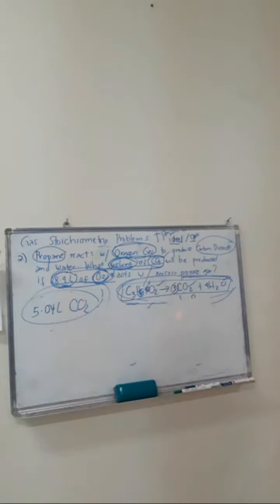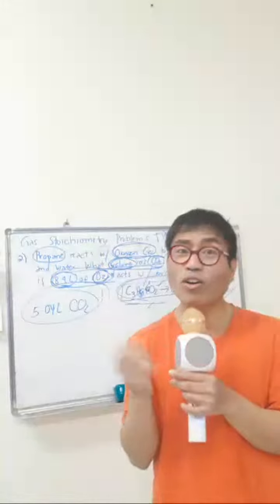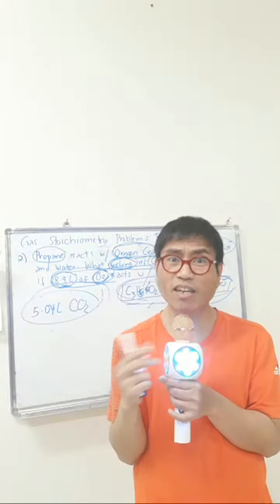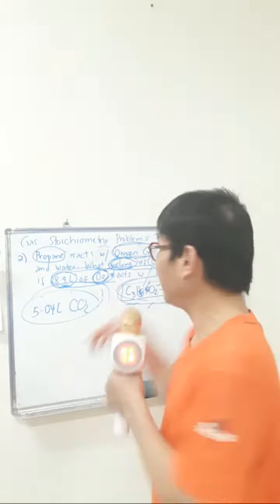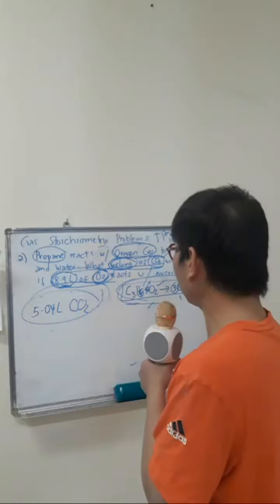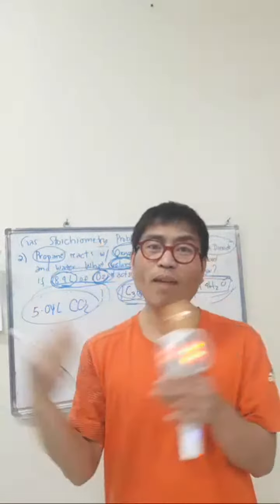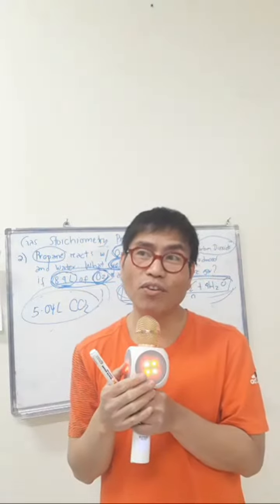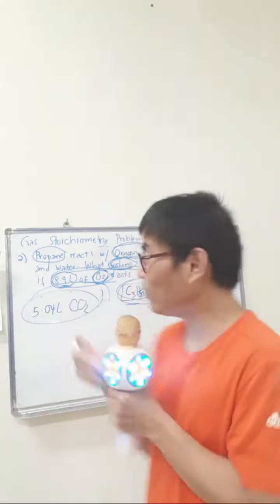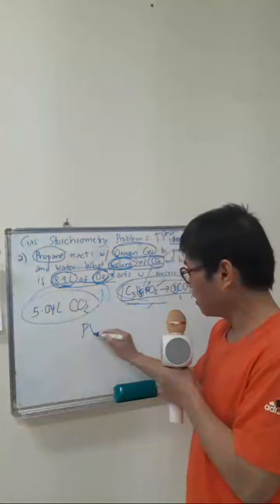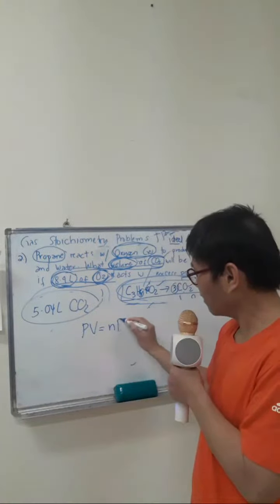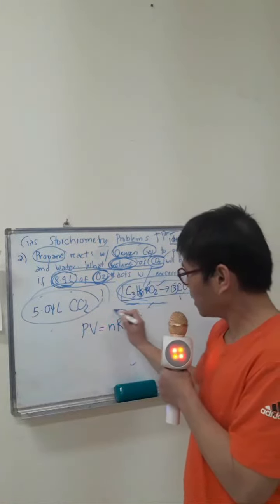For method 2, it needs more critical thinking based on the theory. Since this is an ideal gas, you immediately apply the concept of the ideal gas equation. Now, PV equals nRT.